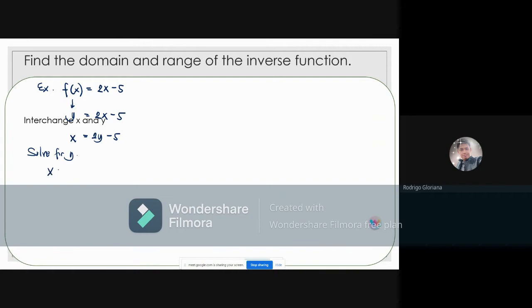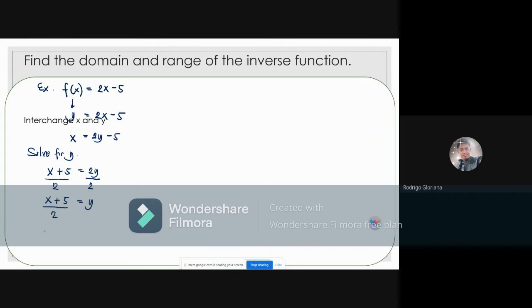We have now x plus 5 equal to 2y. And then we have to remove 2, so we divide both sides by 2. The remaining is y. So we have now y equal to x plus 5 over 2.